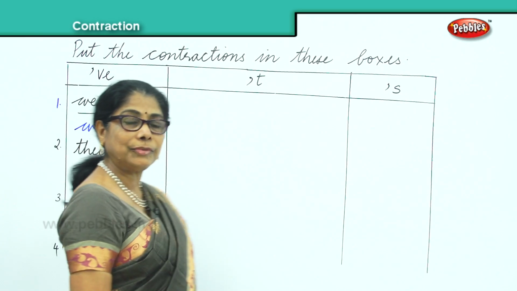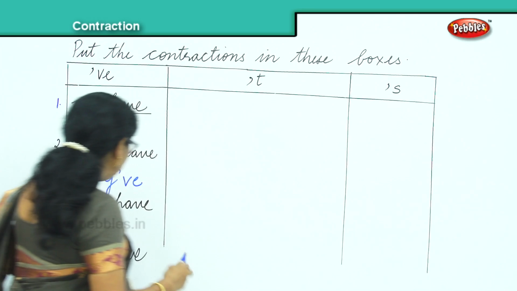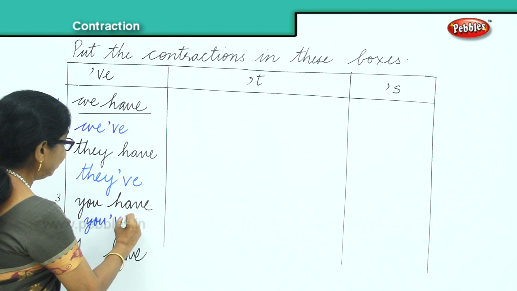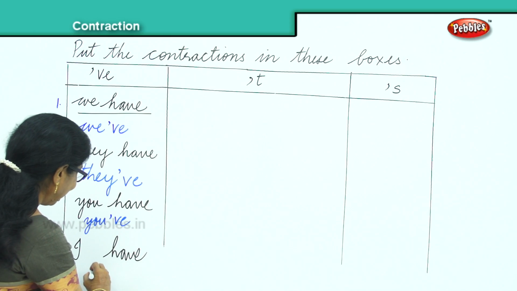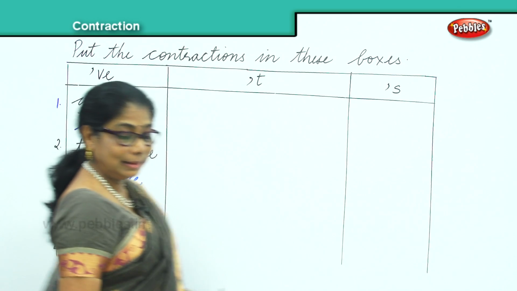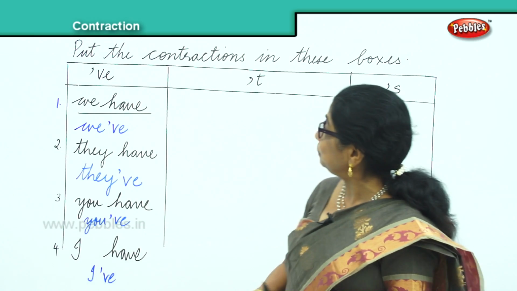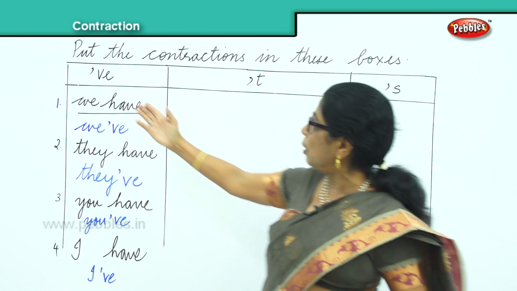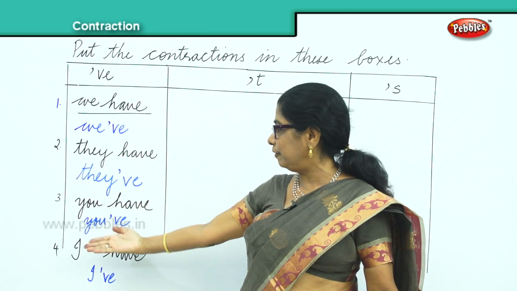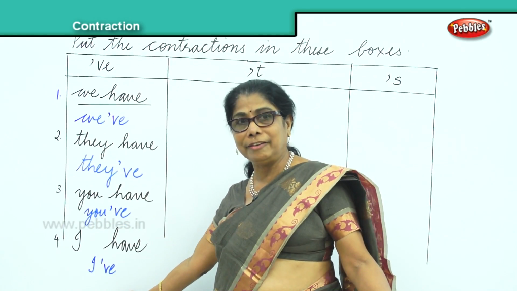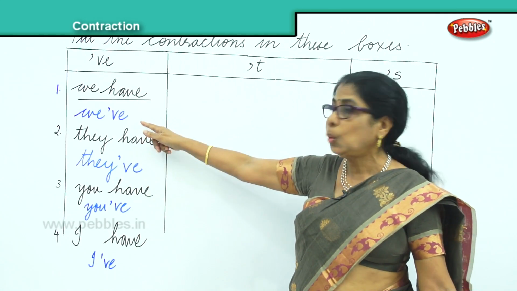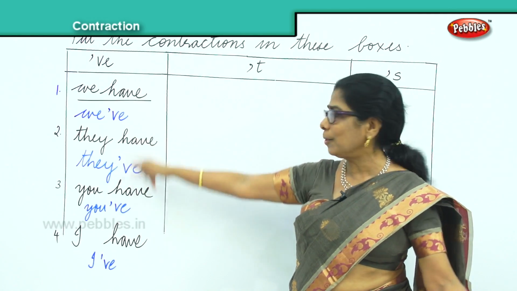Now you write the contraction for this. So you write you and then apostrophe ve, you've. I and we, I have. Now look at all the things we have done. Putting contractions in this box, you're supposed to do we've, they've, you've, I've. Now, we have been here so long. We've been here so long.